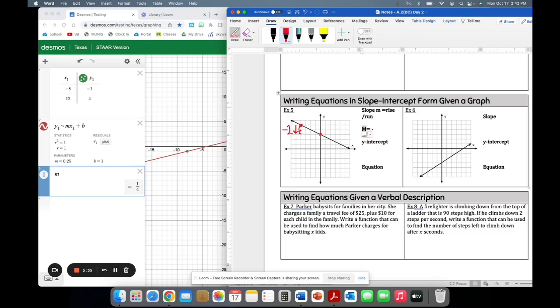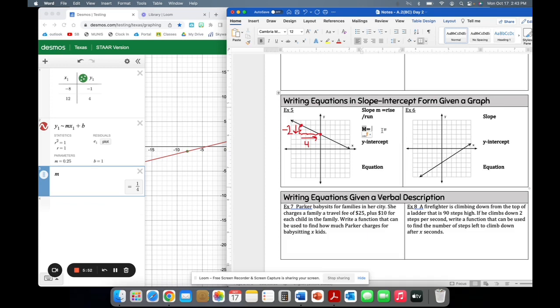And then I'm going to figure out the run, which is 1, 2, 3, and 4. I went to the right, so it is +4. All right, I have my rise over run, which is -2/4, which is simplified as -1/2. Just use your calculator to figure out the value.